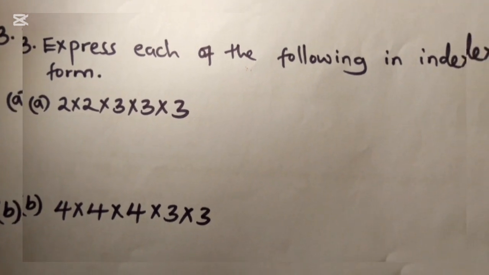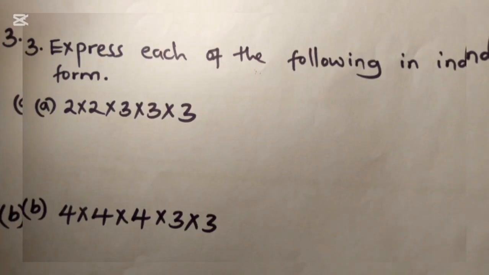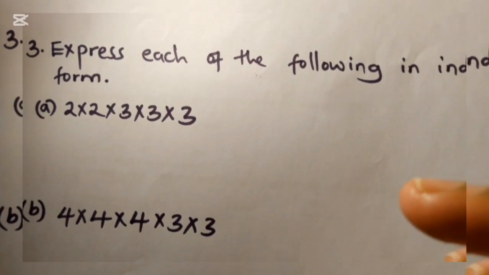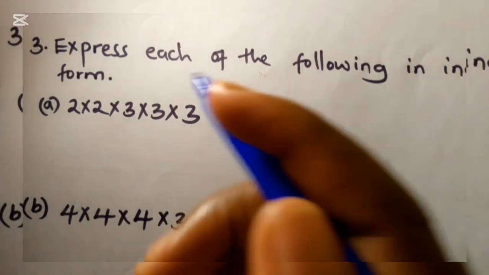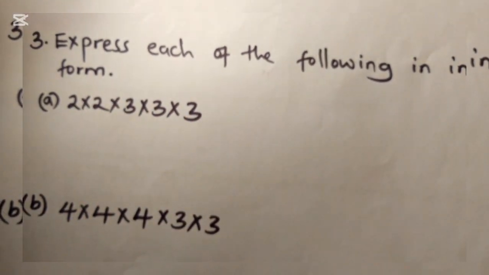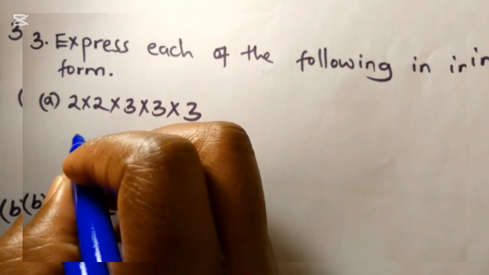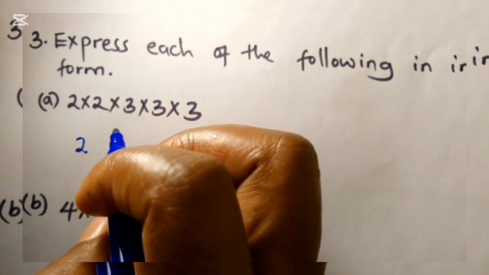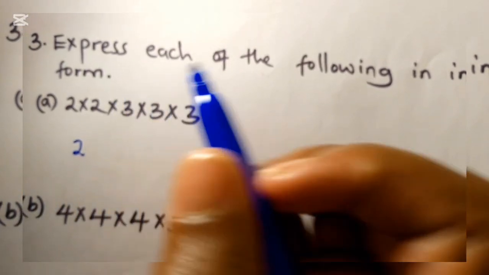Number 3, express each of the following in index form. You can see we have a combination of 2's and 3's. So in this case, we just write the numbers that are repeating themselves by being multiplied by themselves severally. That is 2, and 2 has been multiplied by itself how many times? 1, 2.